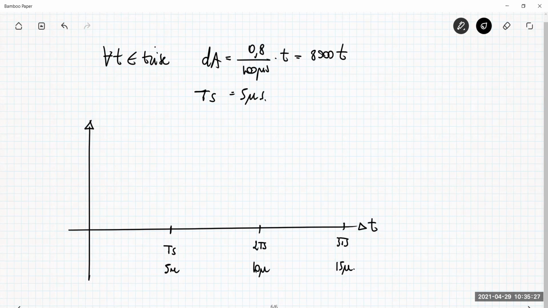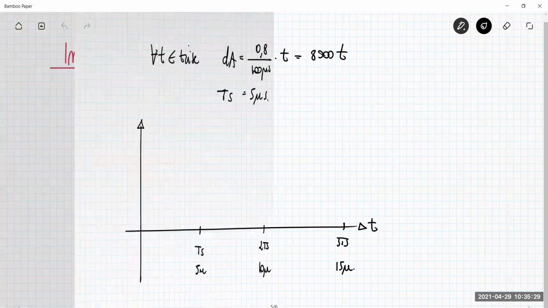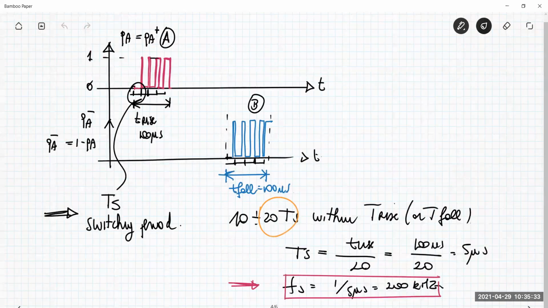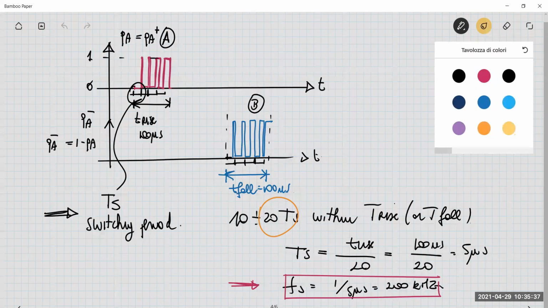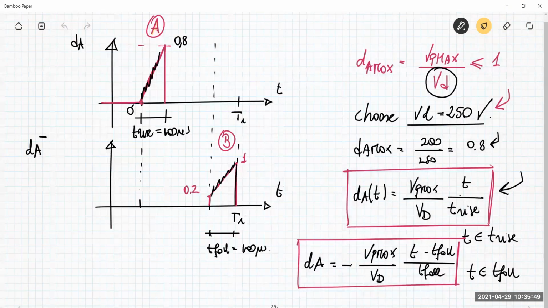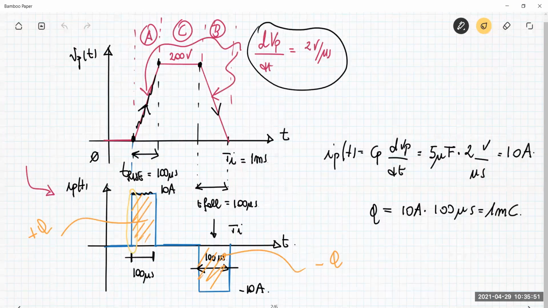So we are looking inside this interval here. Okay, so for example, I just plotted 3 of these intervals. So we are inside T rise, inside here.